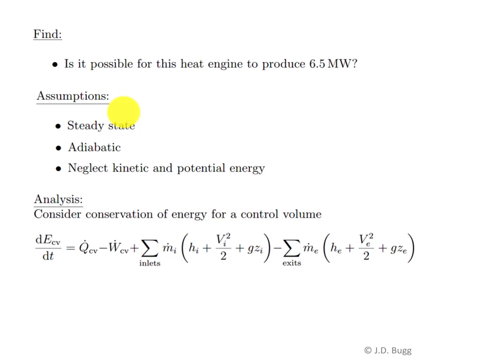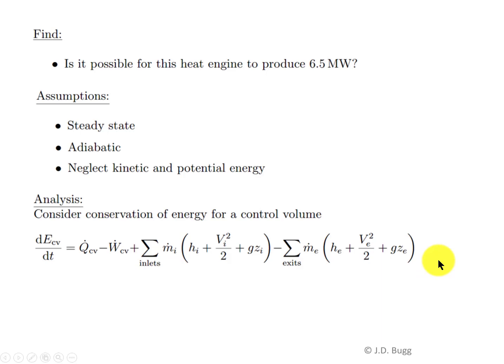So here we're showing the complete equation, but if we assume steady state, this term is gone. Adiabatic system, heat transfer term is gone. We're trying to solve for this shaft work, so we certainly keep that. We need to be careful with the inlets and exits, and we need to realize there are 2 inlets and 2 exits. But for each of those, we can neglect kinetic and potential energy.